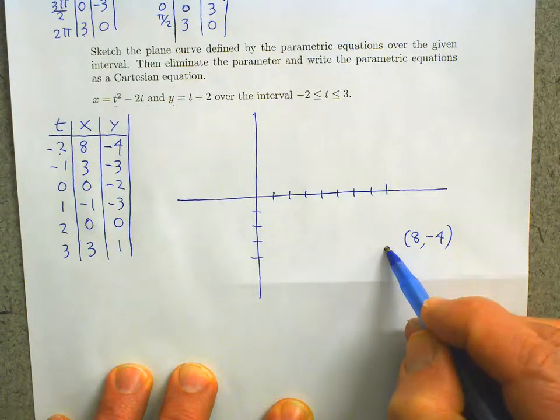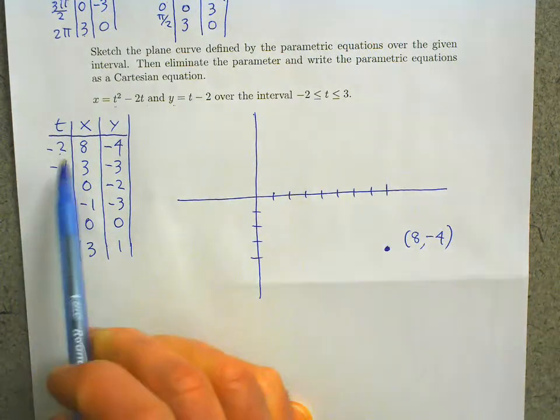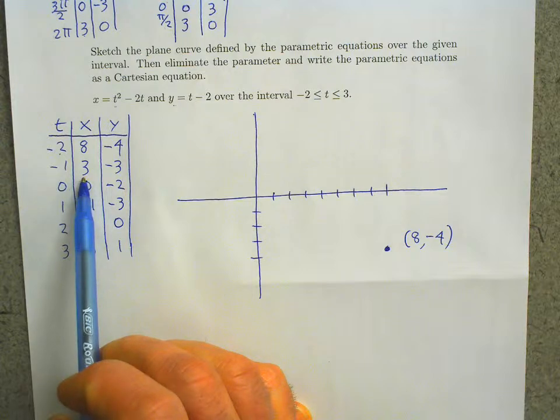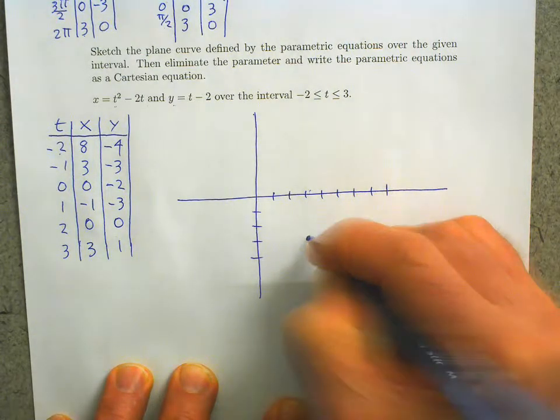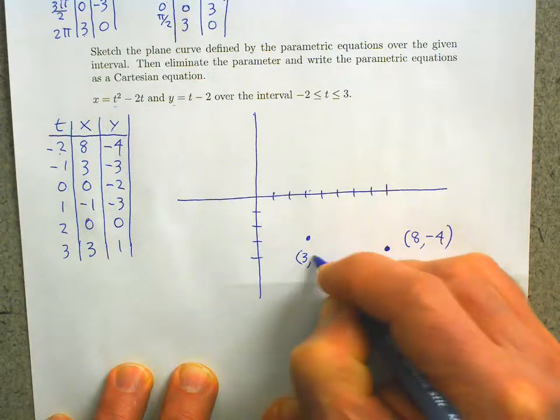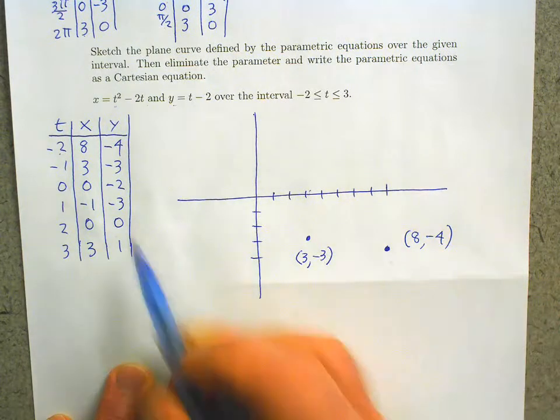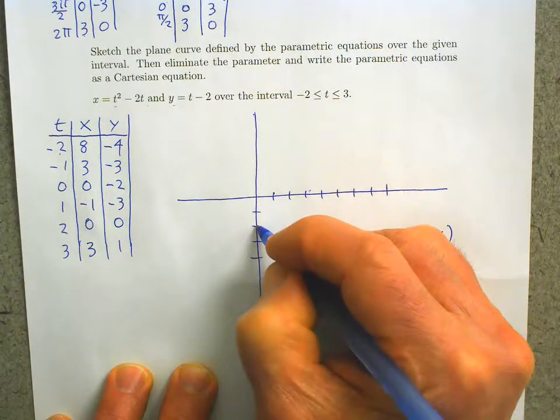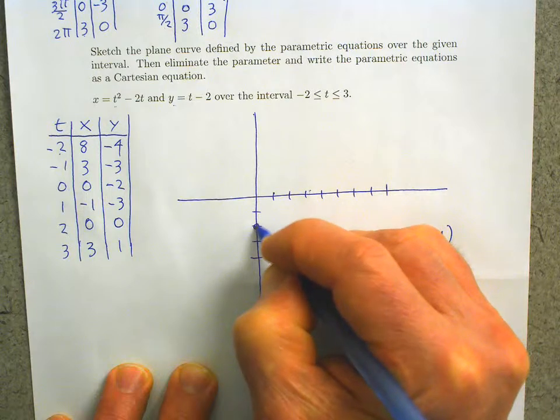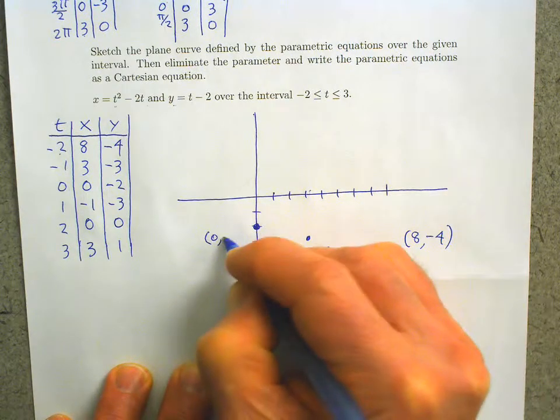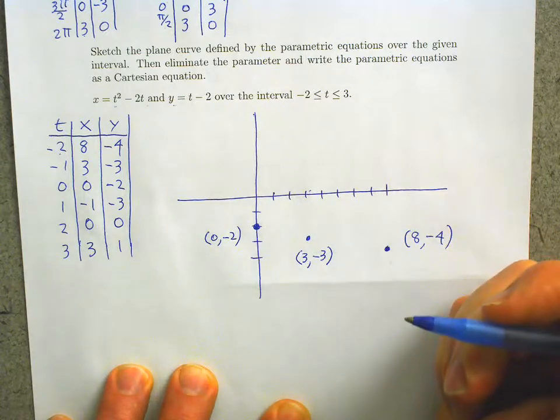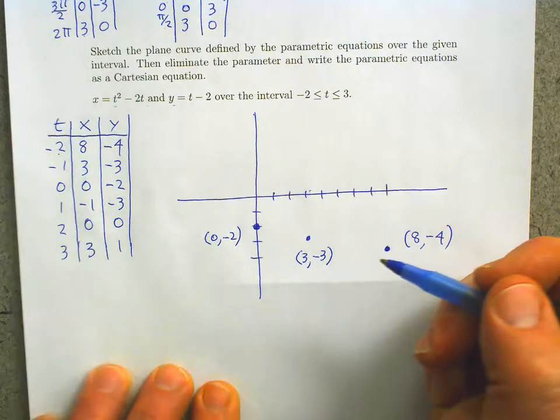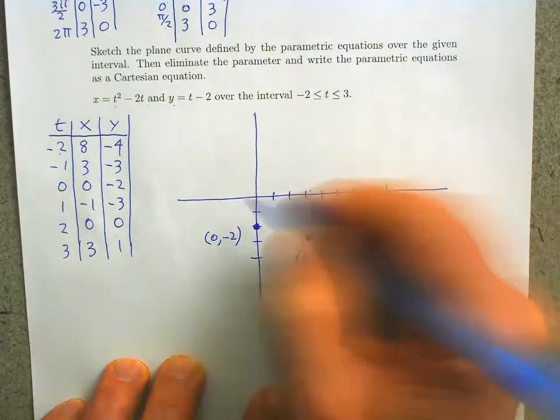This is the first point. The next ordered pair, 3, -3. Then 0, -2. Then -1, -3.